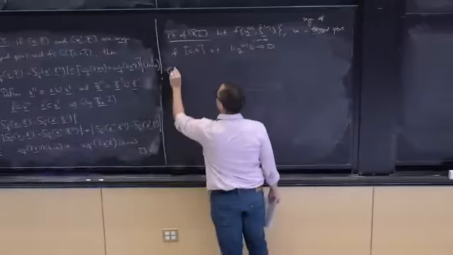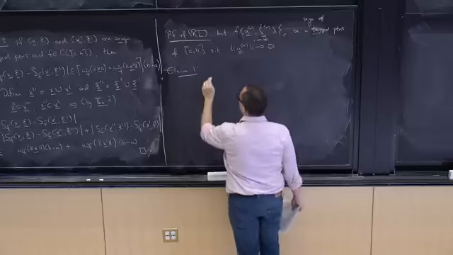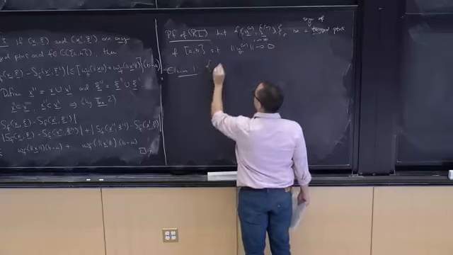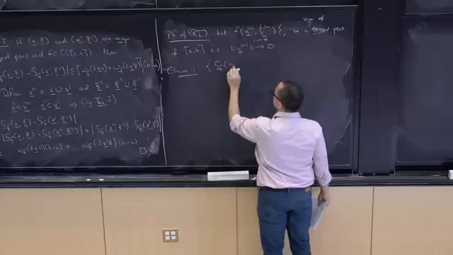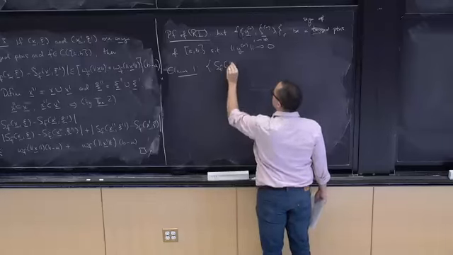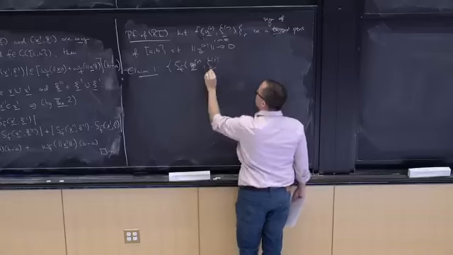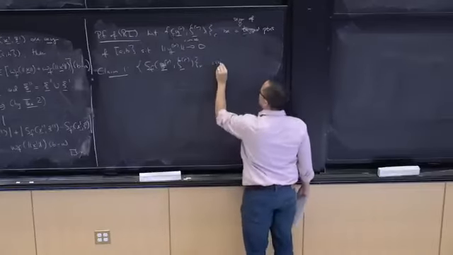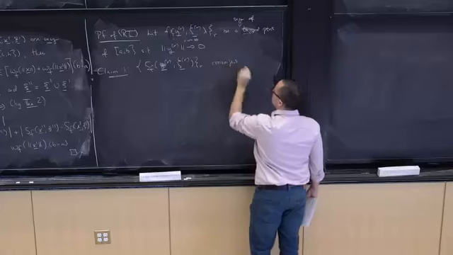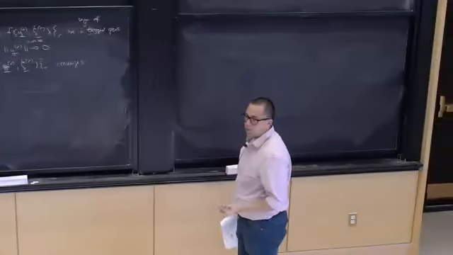All right, so claim 1. The sequence of Riemann sums, this is a sequence of numbers now, converges to some number.